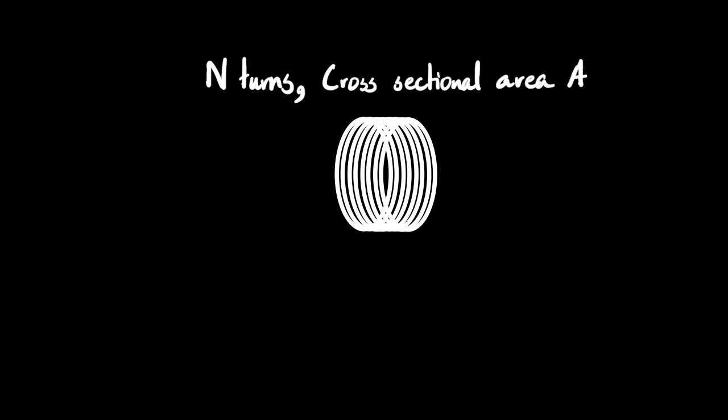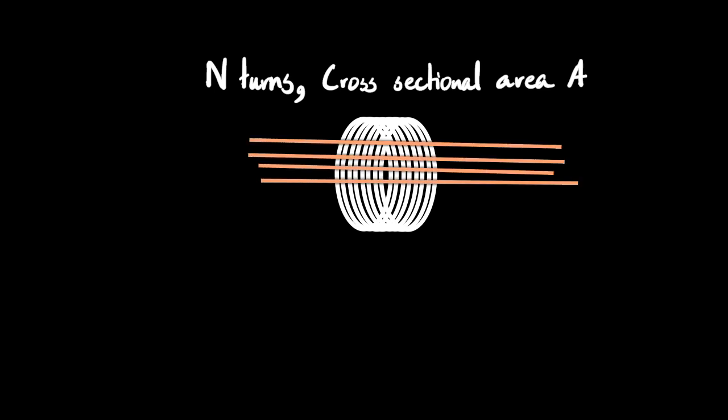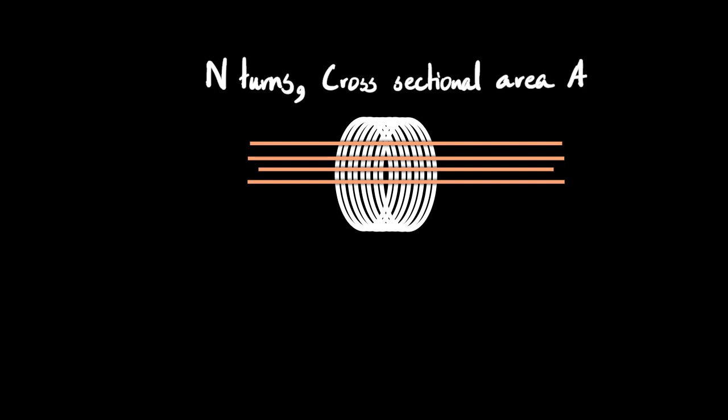So we have the same magnetic field lines which are going through here. We make a couple of those. So you have these magnetic field lines going through this area. And again, the same thing, the magnetic flux density is still B.